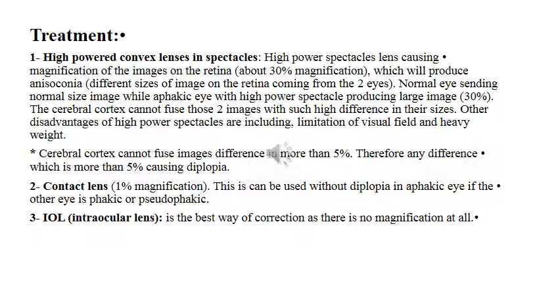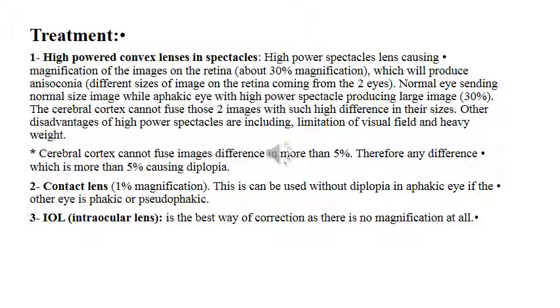In patients with unilateral aphakia, we cannot correct one eye with the glasses and leave the other eye without the same correction, because these glasses, the convex lenses, will produce a magnification of the image of that eye on the retina by about 30%, and both retinas will not be able to fuse these unequal sized images.